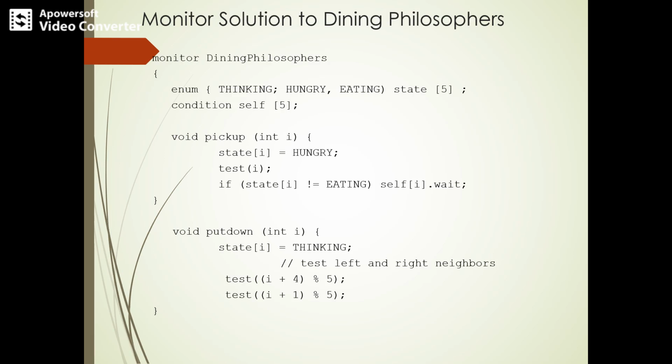If the state of that philosopher is hungry, she has to test whether both chopsticks are available. Test of I checks the particular condition, and if the state of I is not equal to eating, self of I dot wait.